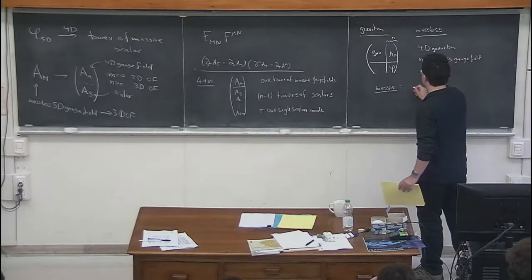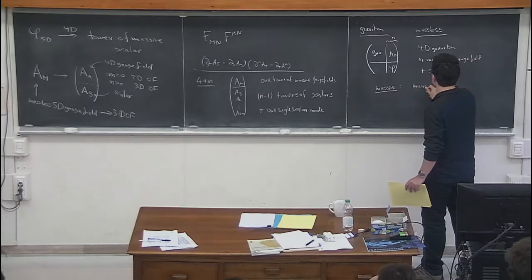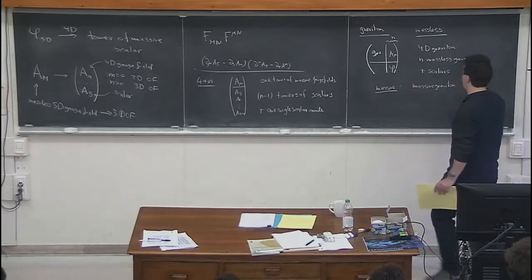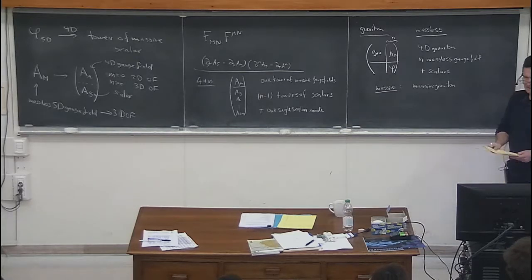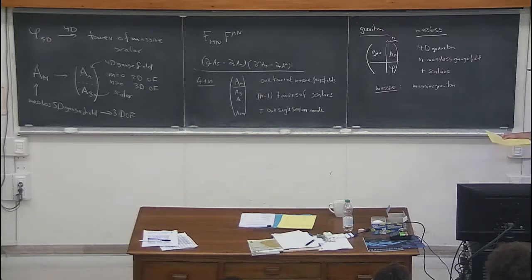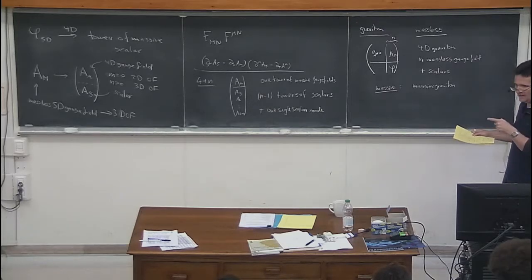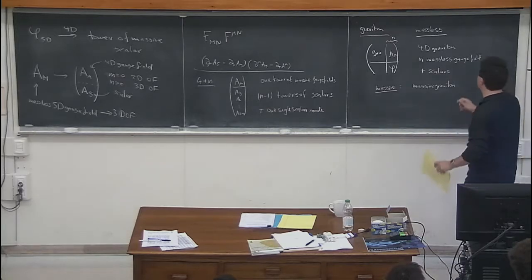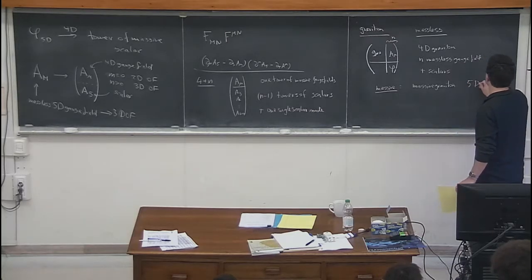So there's a massive graviton in 4D, like a massive spin 2 particle. That now has the full spin 2, 1, 0, -1, -2, 5 degrees of freedom, while at the massless level it's just a helicity 2 particle, so it has only 2 degrees of freedom. So a massive graviton has 5 degrees of freedom.